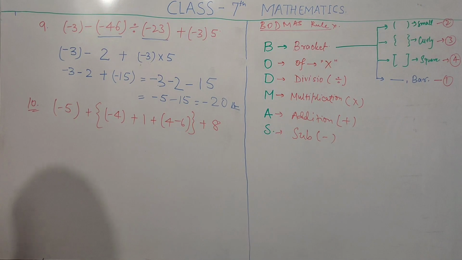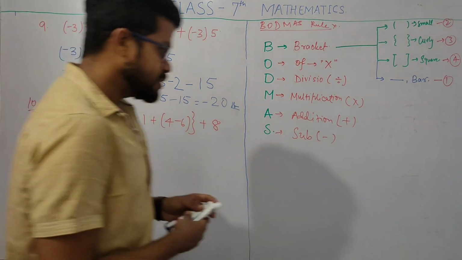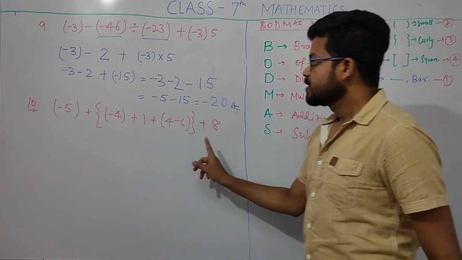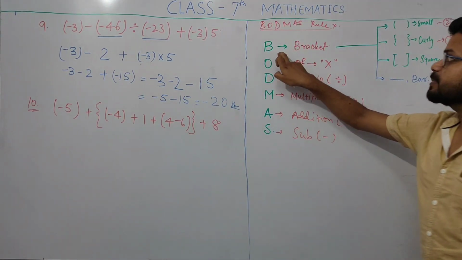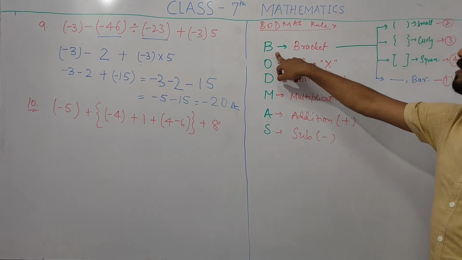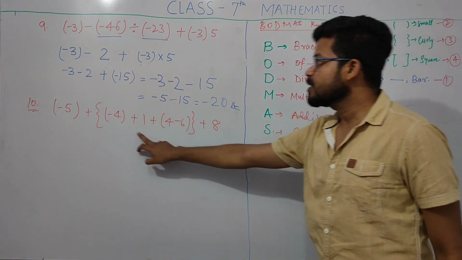Okay, this is the question. So how do I proceed? There is a bracket. So firstly I solve the bracket, because bracket has the first preference in the BODMAS rule.